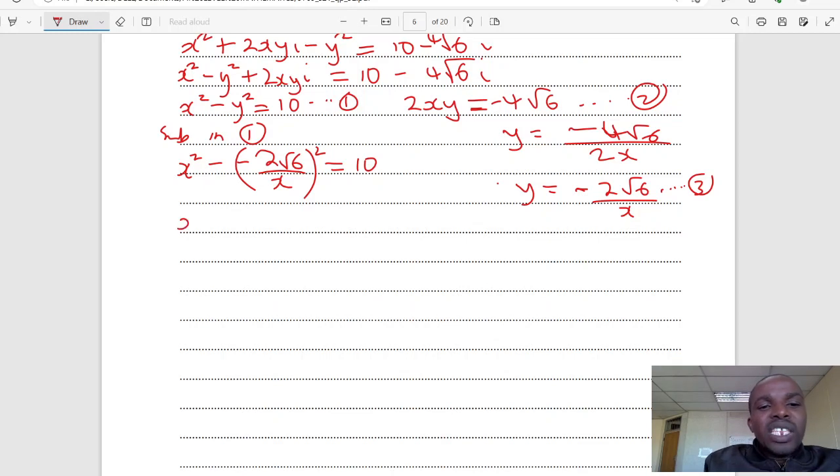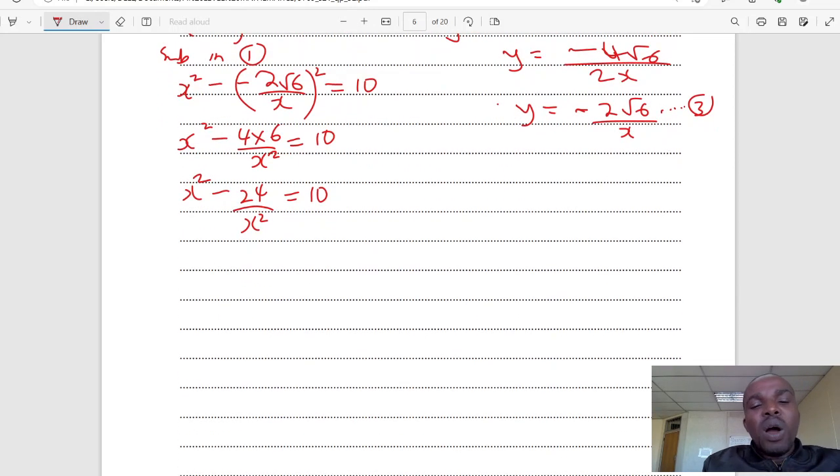It will be x squared minus, then this part: 2 squared, the negative cancels out, 2 squared is 4, 4 times 6, root 6 times root 6 is 6, over x squared, is equal to 10. Then simplify further: x squared minus 24 over x squared is equal to 10, right?